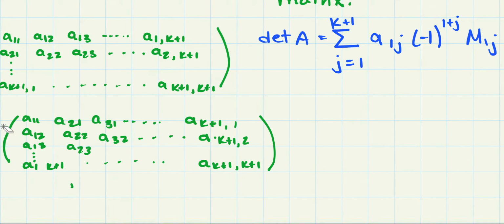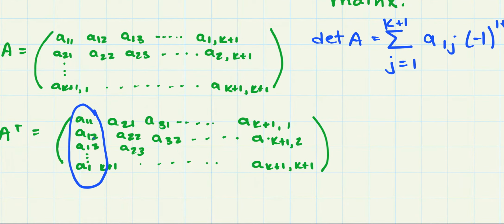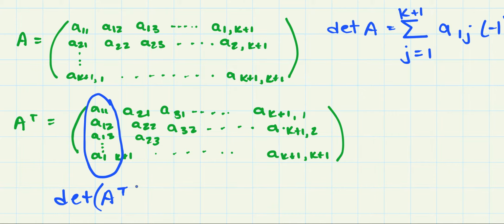Now let's compare that with the determinant of A transpose. What I'm going to do is go along this column. So we get that the determinant of A transpose is the sum j is equal to 1 to k plus 1. So what would this look like? Notice the one that is changing is going to be the back one.